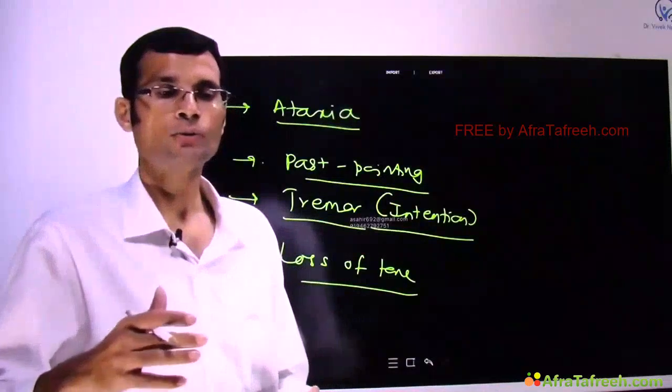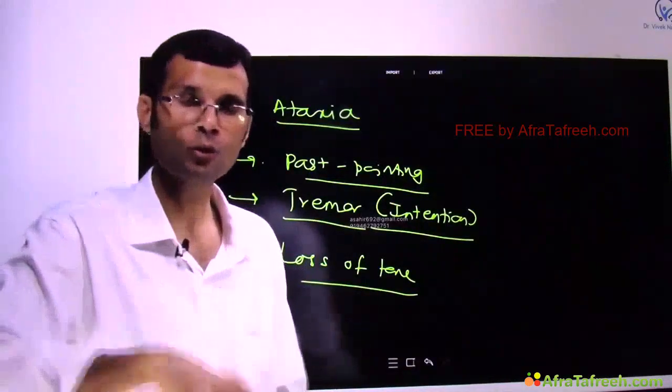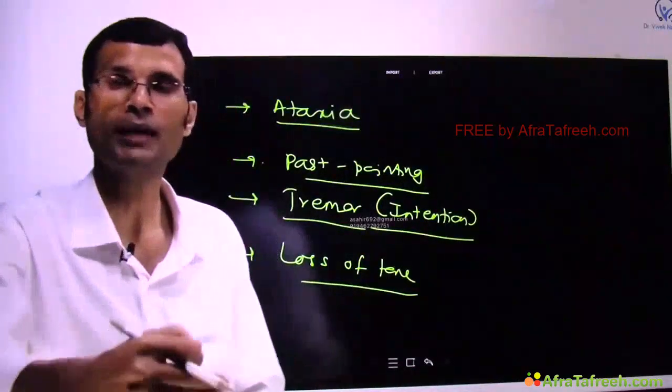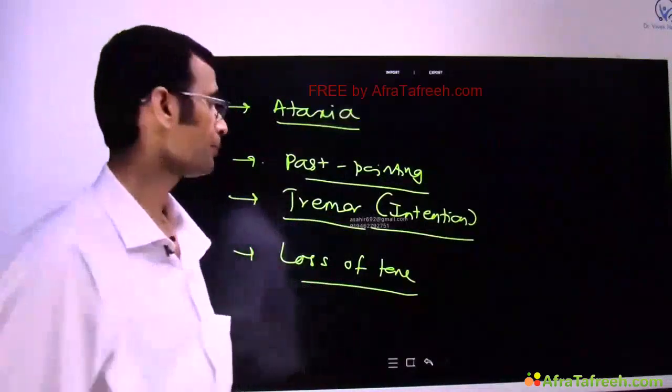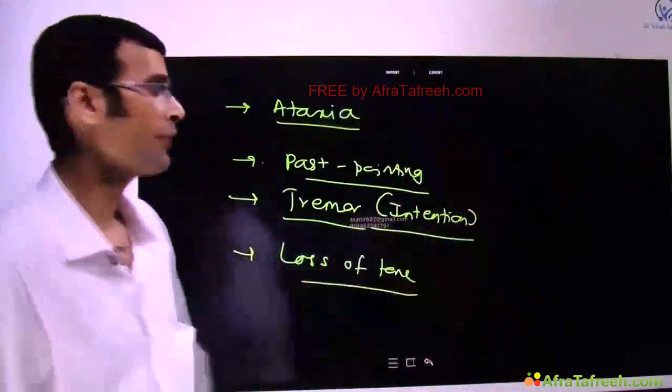So you are moving to the target, but then no control on the muscles, agonist and antagonist. So coming back, going forth, coming back, it will produce an intention tremor during the movement. Compare this with basal ganglia tremor, which will be tremor at rest.